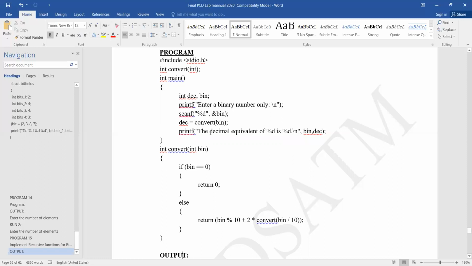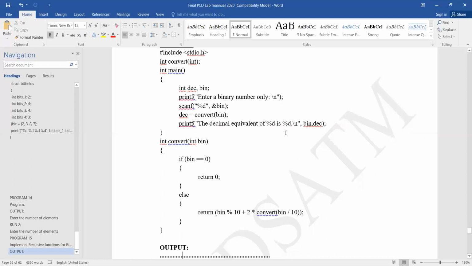In the next statement we are displaying the equivalent decimal number, with the statement: the decimal equivalent of percentage d. For that percentage d we are passing the variable dec, the decimal number. The decimal equivalent of the given binary number is the decimal number.